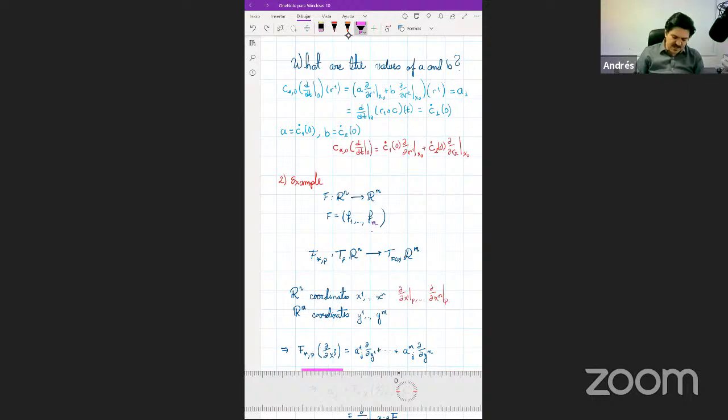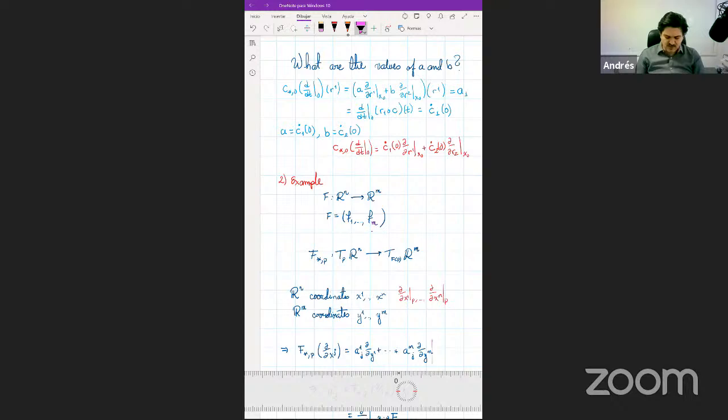So this vector looks like this. And again, I need to find the value of those m scalars. So little by little, I'm going to be omitting this, right?